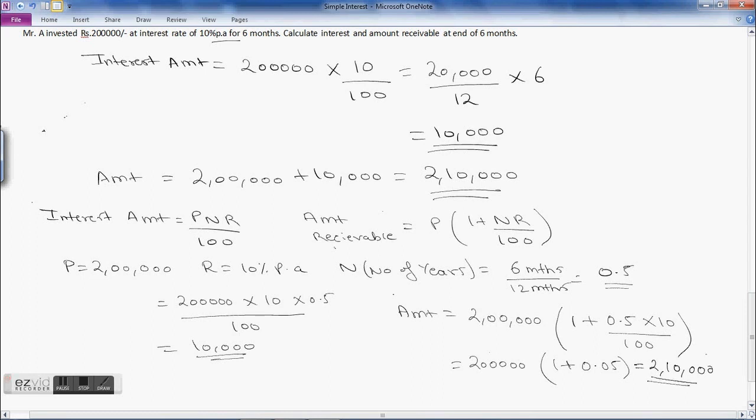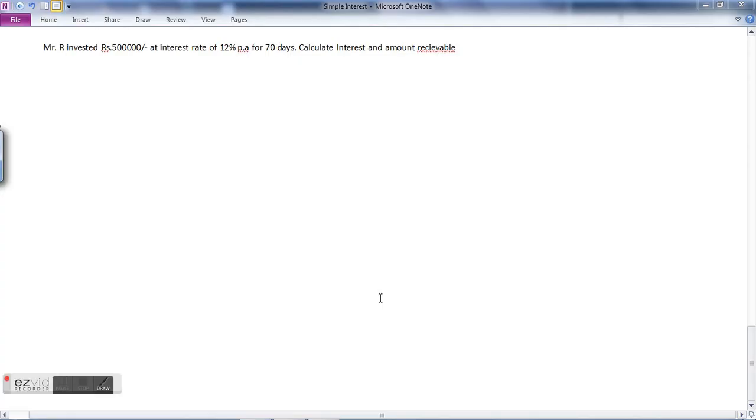Now we'll see one more example in number of days. Mr. R invested rupees 5 lakh at the interest rate of 12% per annum for 70 days. Calculate interest and amount receivable. First we will calculate it without using the formula. So on 5 lakh you will receive interest at 12%.